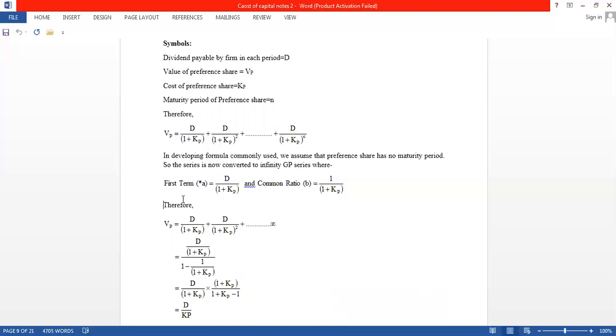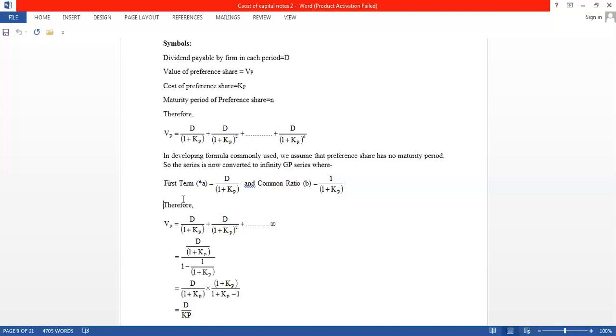And in calculating the present value, you have to use the cost of preference share capital as discounting rate, which is not yet known. And the logic is that the total present value of the dividend receivable from preference share capital will be at par with the value of the preference share capital at time zero.